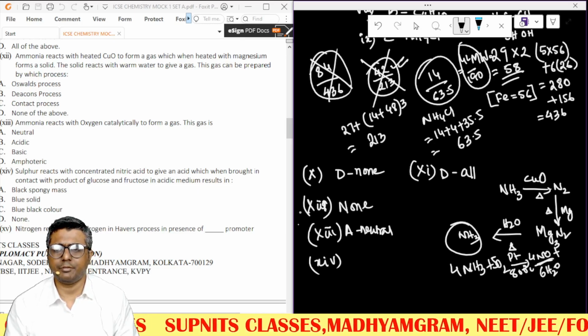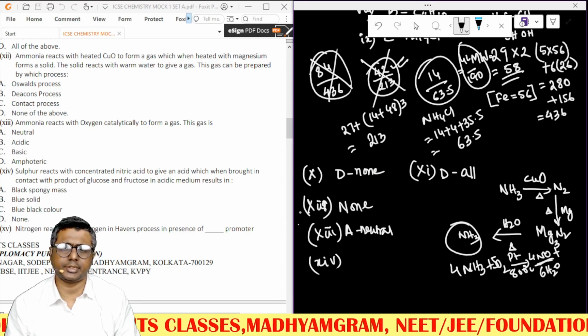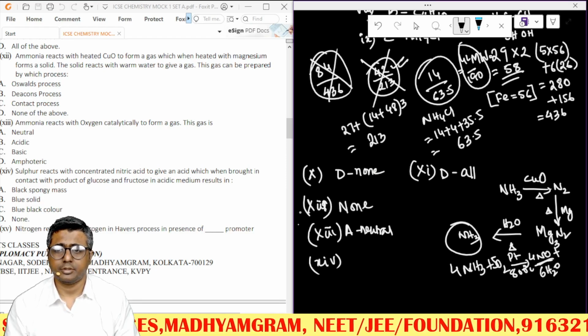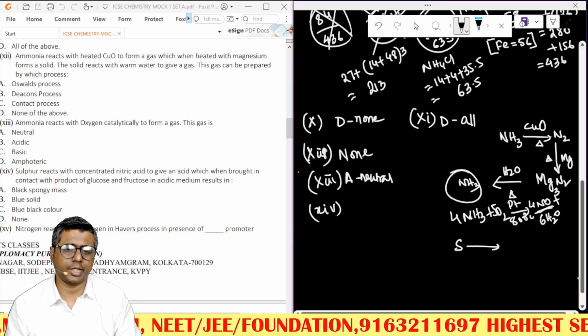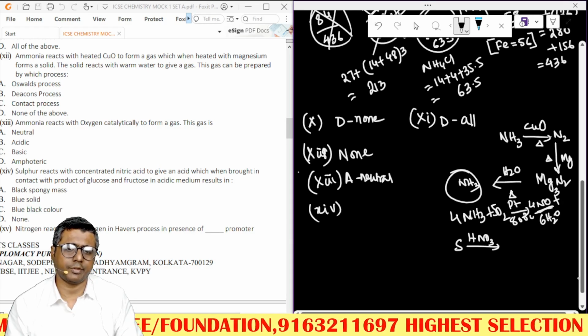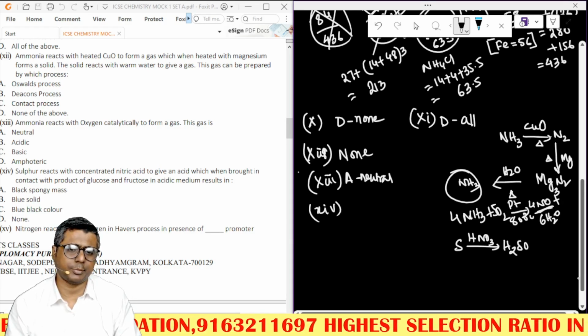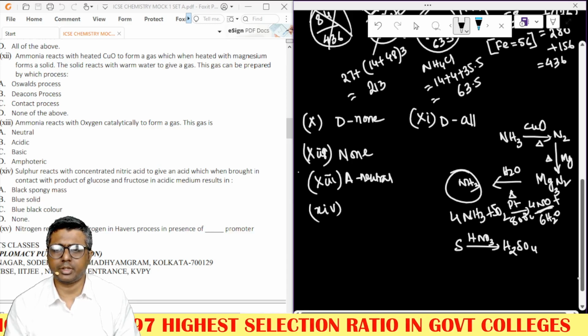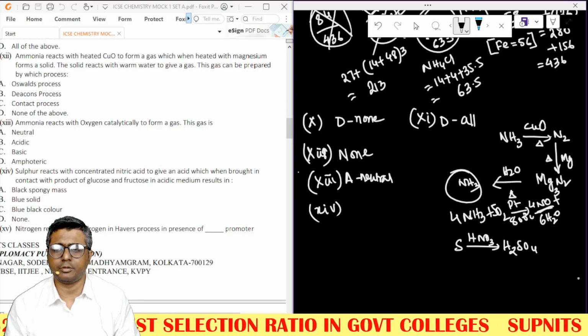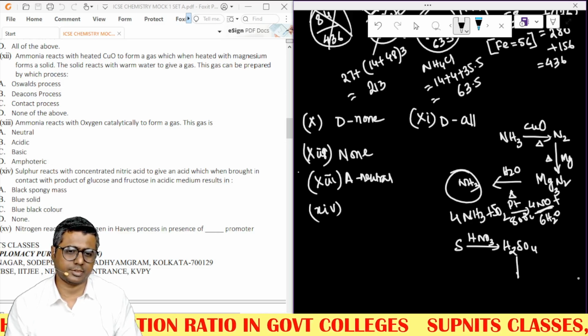Number 14, sulfur reacts with concentrated nitric acid to give an acid, which is H2SO4. Next, which when brought in contact with the product of glucose and fructose. This is a very good question.